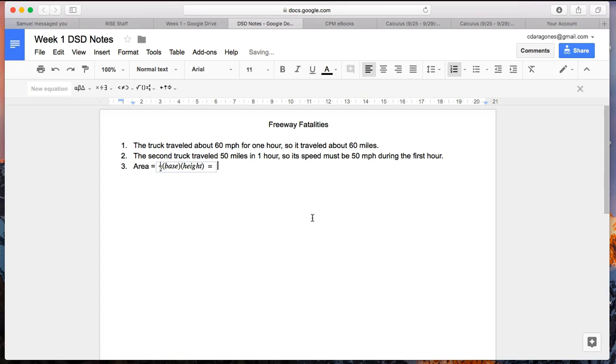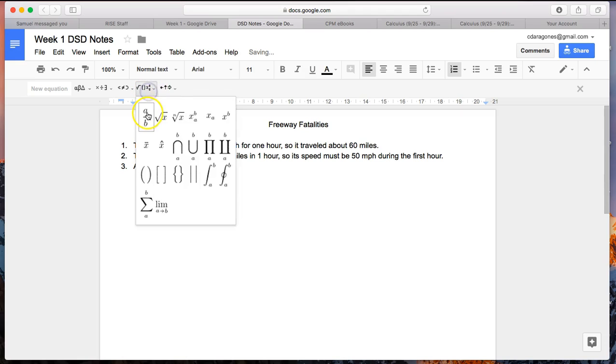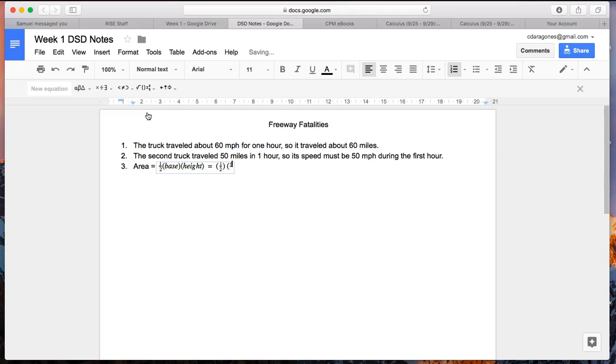Our base was 40 minutes, which is 40 out of 60. So we have the 1/2 times the base times the height, which was 60.